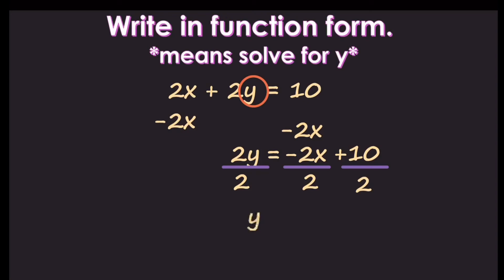So I have 1y. Now on the other side, I have negative 2 divided by 2. That's going to give me a negative x. And then I have 10 divided by 2, and that gives me a 5. Okay? So take a moment. If you need to pause, go ahead and pause so that you can get this written down.